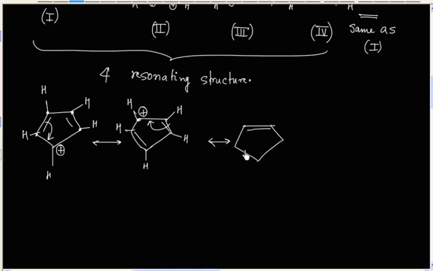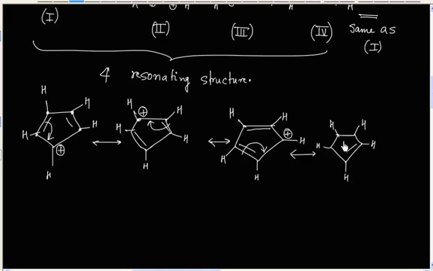So we will be having a double bond here, a double bond here, and this carbon will be having a positive charge. Next time we can shift this double bond here to get another resonating structure. So each carbon is having a hydrogen. Now this carbon will be positively charged.